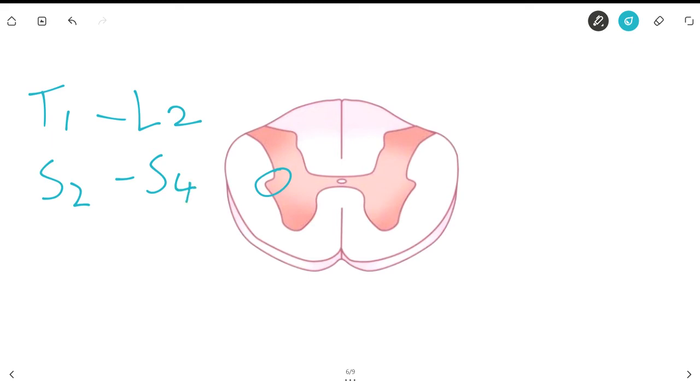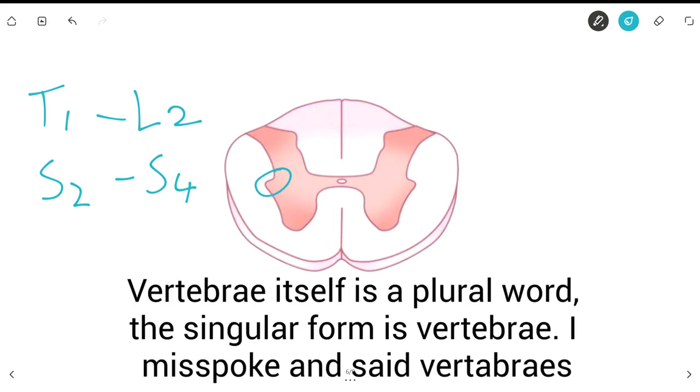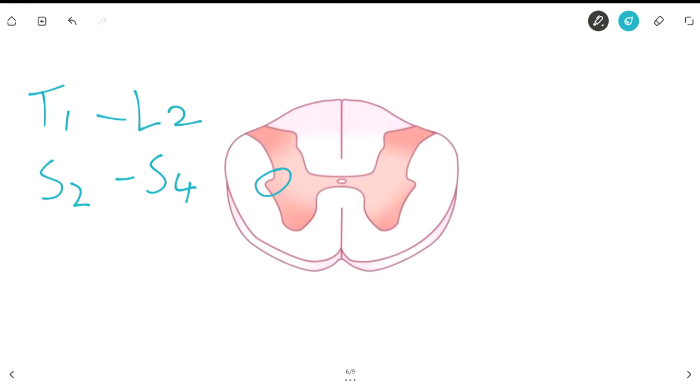So the intermediate zone is found only in vertebrae T1 to L2, which is the start of the thoracic region till about the middle of the lumbar region, and then S2 to S4, which is the three middle vertebrae of the sacral region. And like I said before, the intermediate zone controls motor and sensory information to the visceral organs.